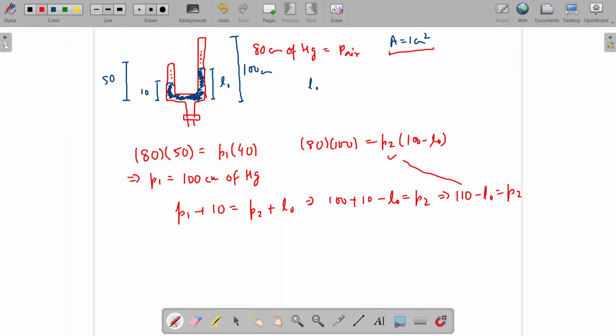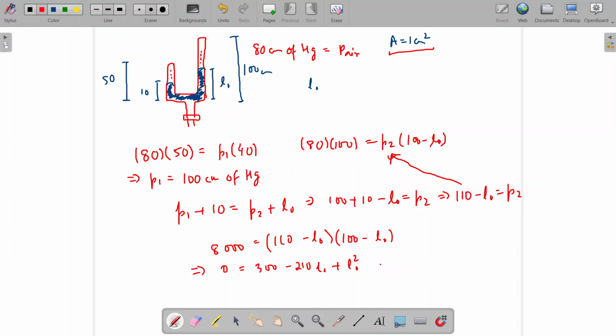We'll substitute this value in the equation over here where P2 is already there. So this becomes 8000 is equal to 110 minus L naught into 100 minus L naught. So this equation becomes 0 is equal to 3000 minus 210 L naught plus L naught square.